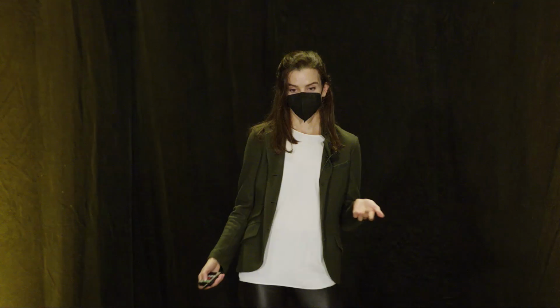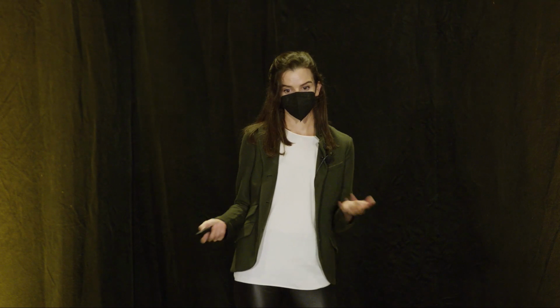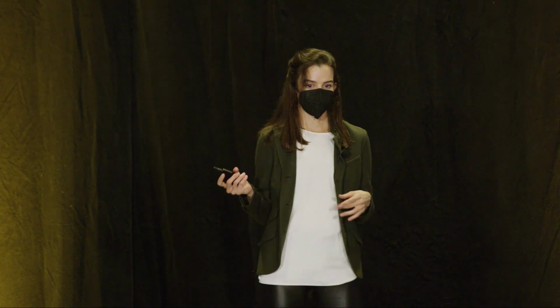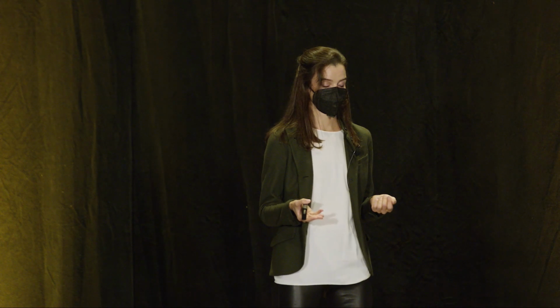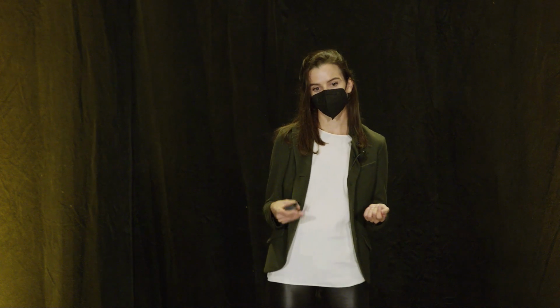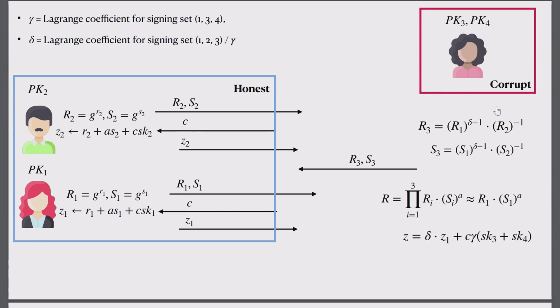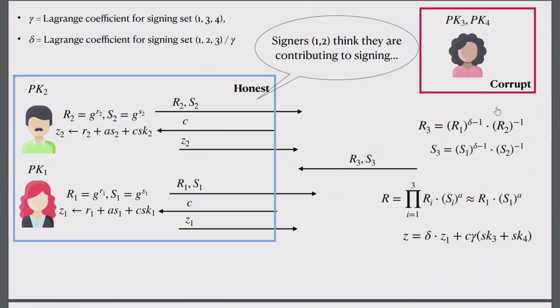Why is this? You might say, okay, sure, how does this actually impact security? Well, the honest players can't actually detect that this attack is happening, so they'll receive the challenge, they'll perform signing as before, they'll publish their signature shares, and then the group signature is actually with respect to players 1, 3, and 4.